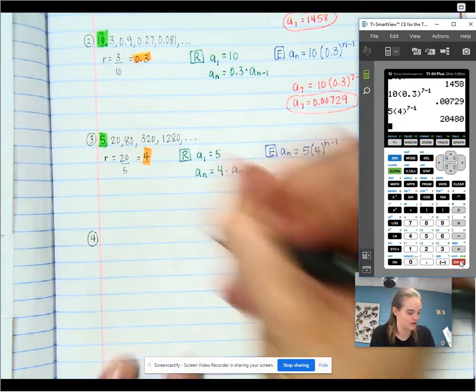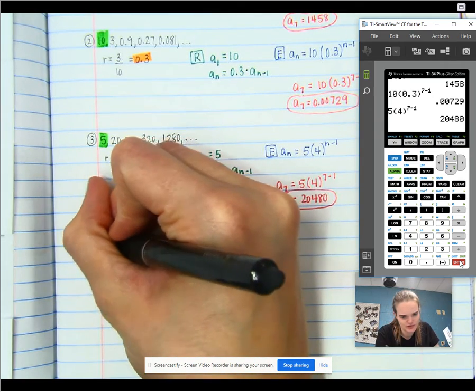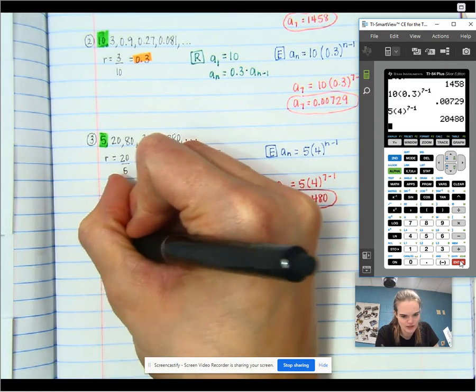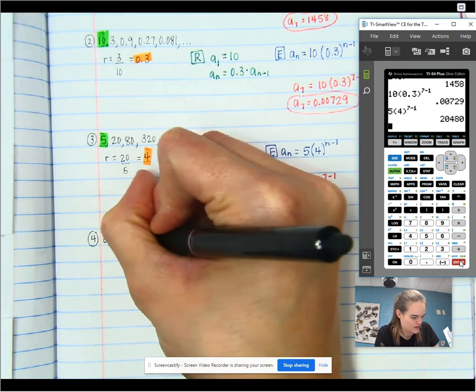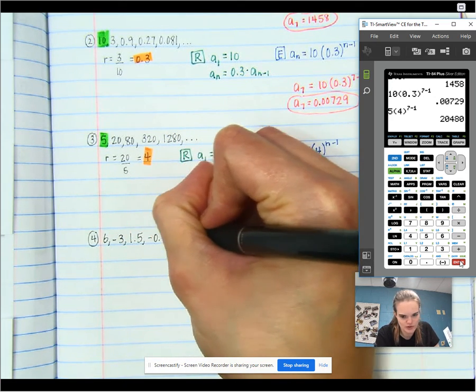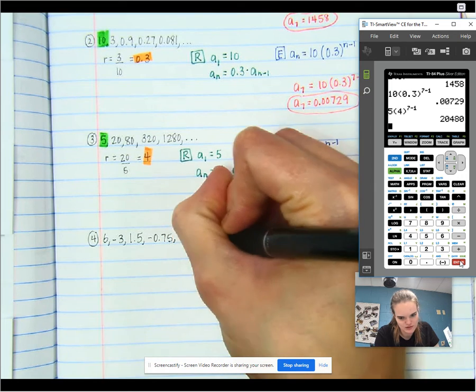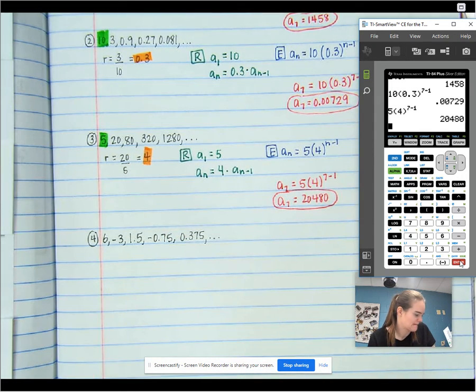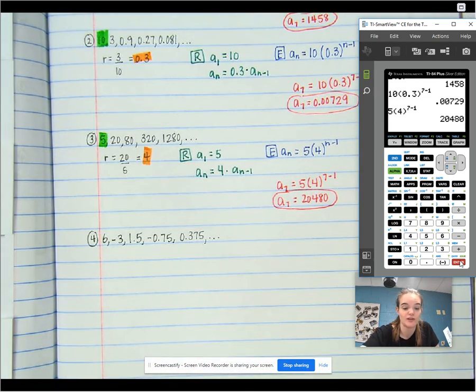You need to pause the video and do number 4 on your own as well. 6, negative 3, 1.5, negative 0.75, 0.375. Okay, since you have already worked this and you're just checking your answer, first term is 6.